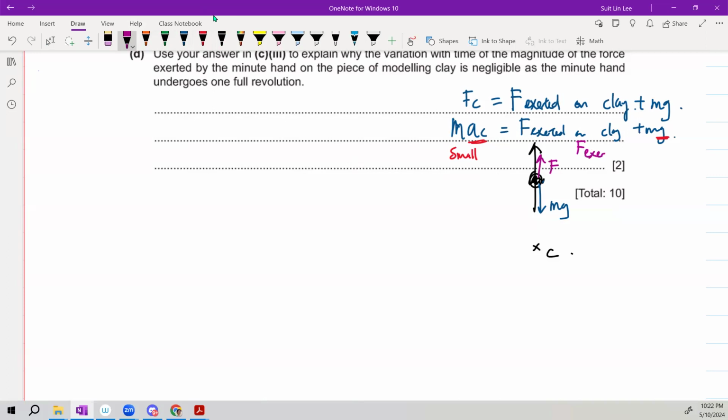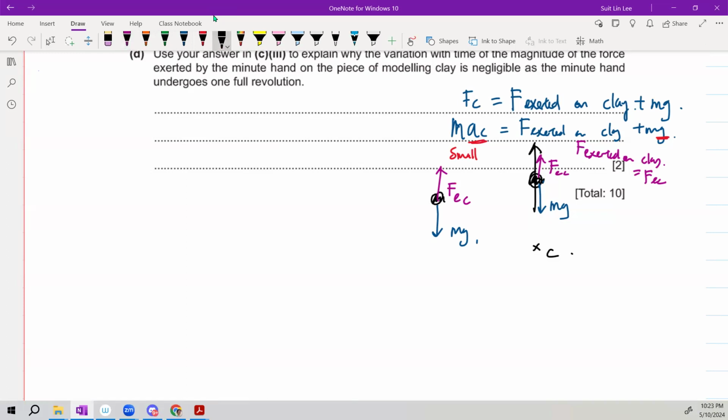So F exerted on the clay, FEC. Anything lah. Because if it's just the clay on its own, the weight will pull the clay down. The clay will slide down. No? But obviously there's another force exerted on the clay by the minute hand.